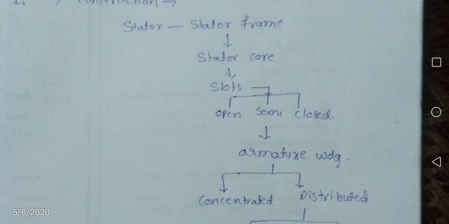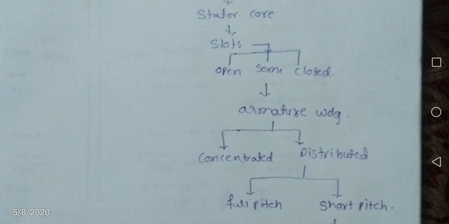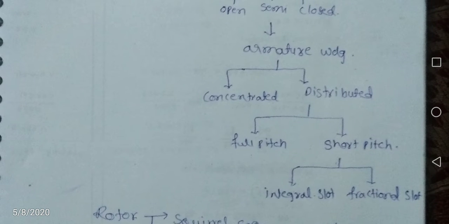The distributed winding is again of two types, full pitch and short pitch, and short pitch windings are used. Short pitch is again of two types, integral slot and fractional slot, and fractional slots are used. So here the distributed short pitch fractional slot windings are used.